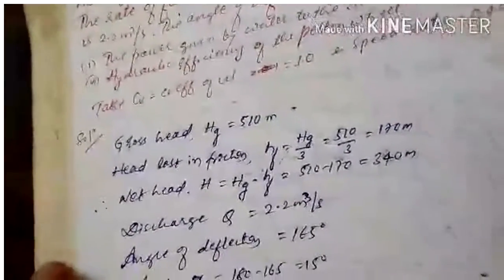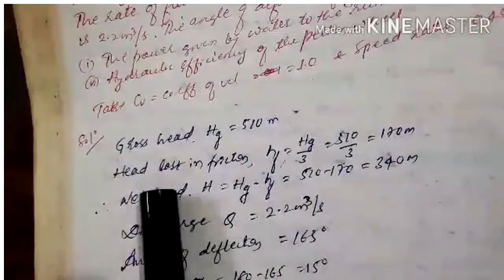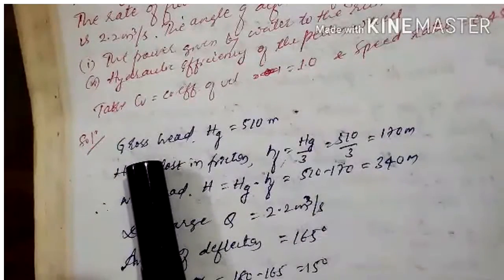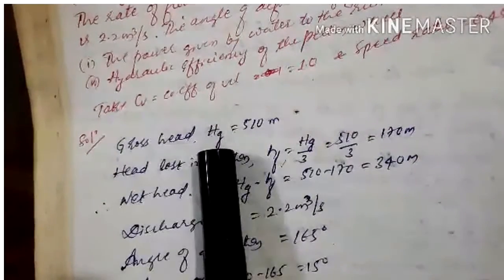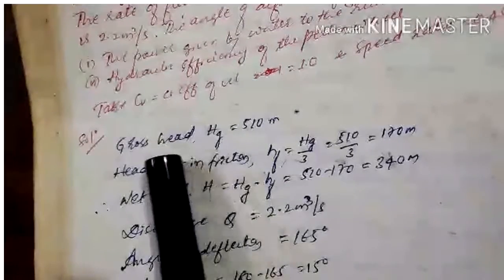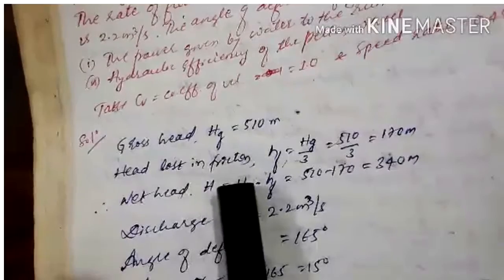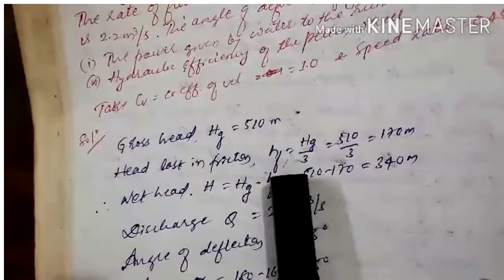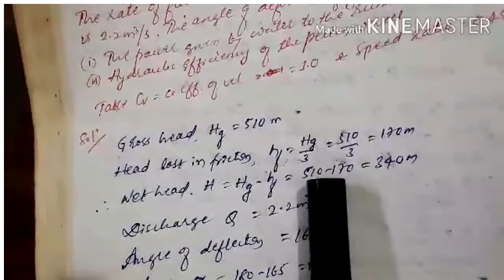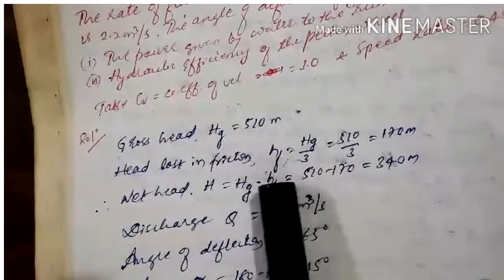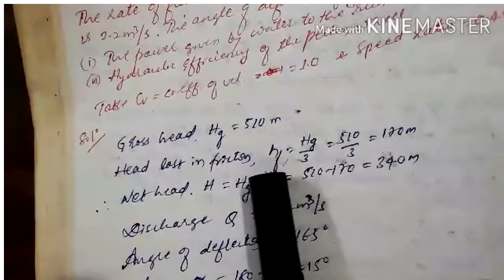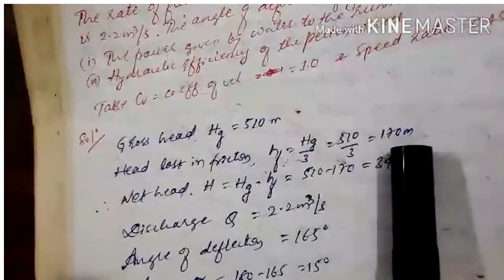Here, first we need to write the given data. The gross head of the Pelton wheel is 510 meter. The head lost in friction, HF, is 1/3 of the gross head, that is 170 meter.